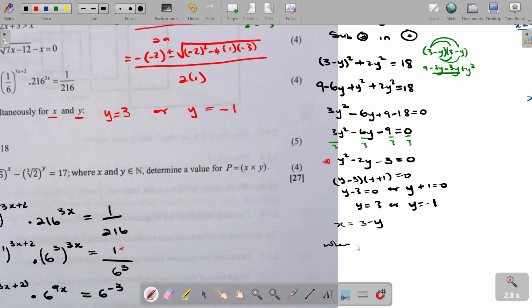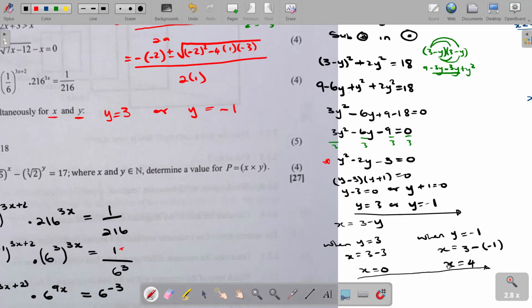So when y is equal to 3, it means x is equal to 3 minus 3. X will be equal to 0. And when y is equal to minus 1, it means the x will be equal to 3 minus y. Y is minus 1. Simplifying that, x is equal to 4. So it means this is our y, then this one is our x.